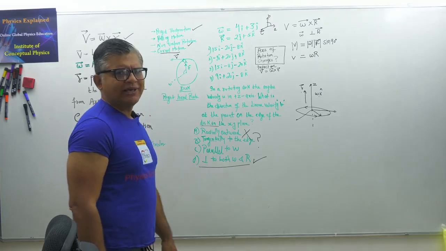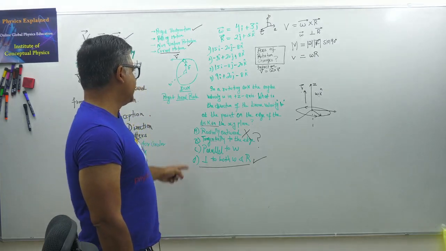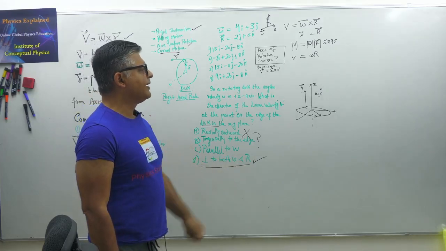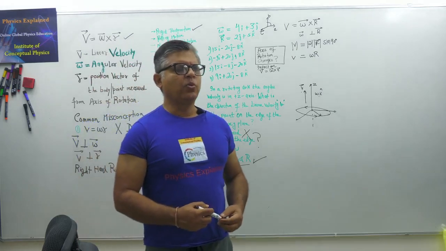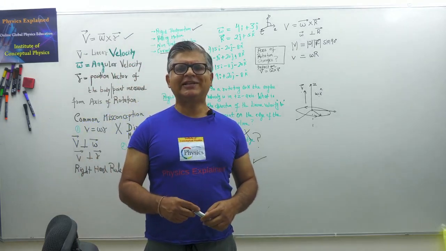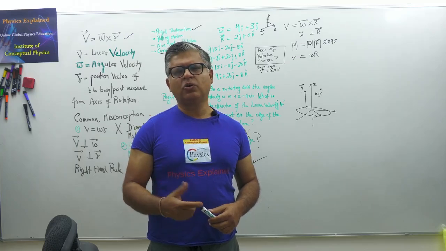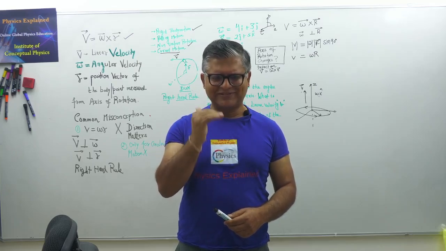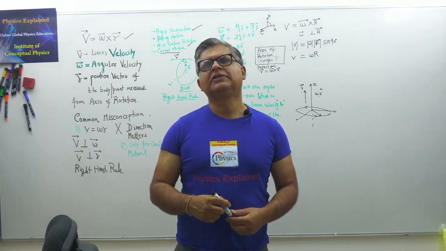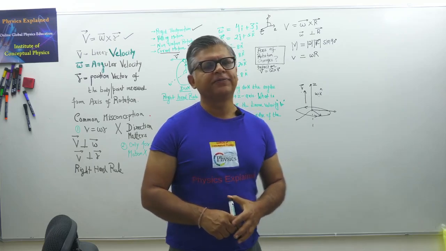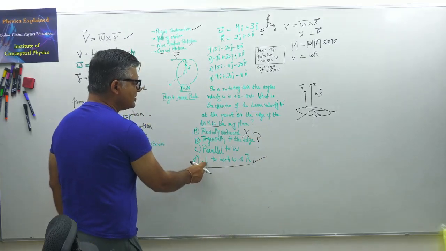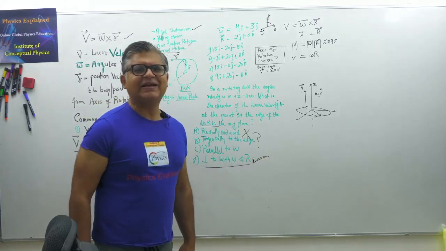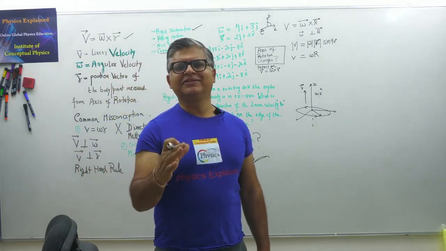Now we have to make a choice between tangential to the edge and perpendicular to both omega and r. I think we are not sure about tangential to the edge, although we know it from our discussion so far. But if you look strictly into the definition of the cross product, it is always perpendicular to both omega and r, which is a more emphatic scientific answer.